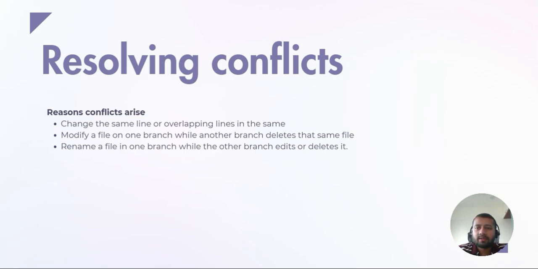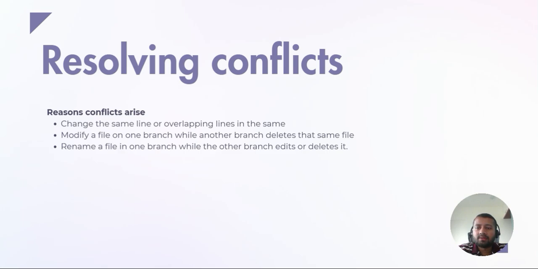There are a couple of reasons for conflicts. The first is, we are in some file and we have changed some line, and the exact same line has been changed by some other developer. That is one reason that can cause a conflict.